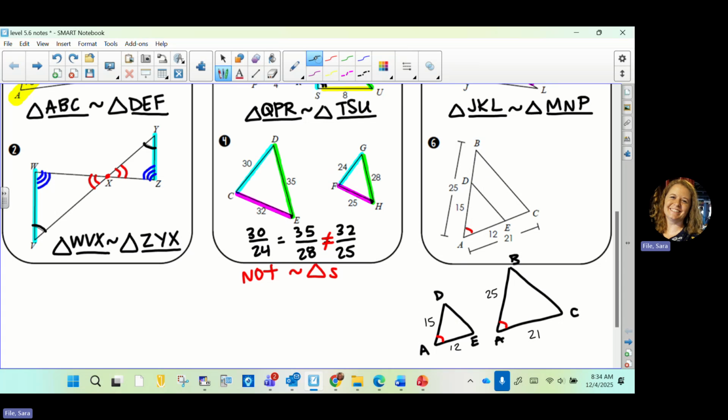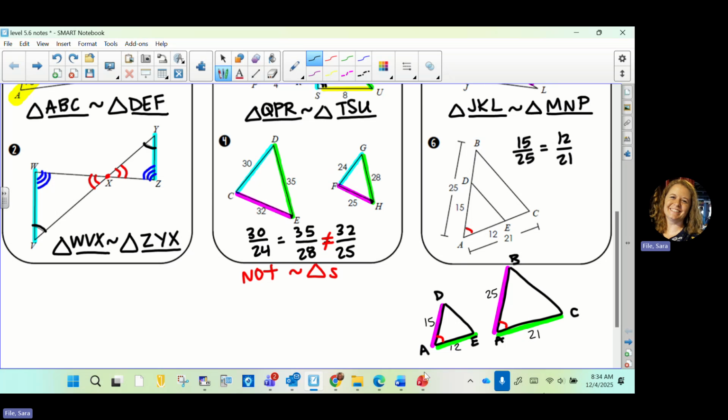So now I'm going to set up my proportion and I'm going to check. So the corresponding sides here, if you need to color code them, go ahead and color code them. That would be the AD to the AB and the AE to the AC. So when I set up my ratios to check, it would be 15 to 25 and 12 to 21.